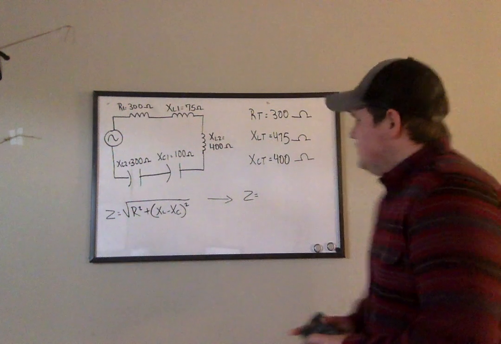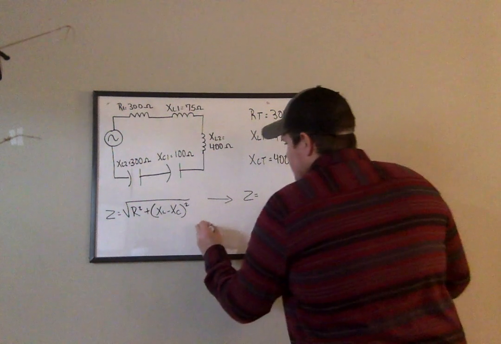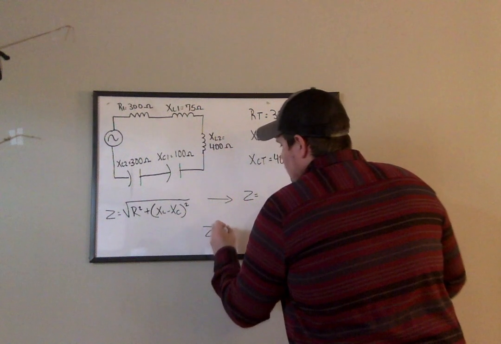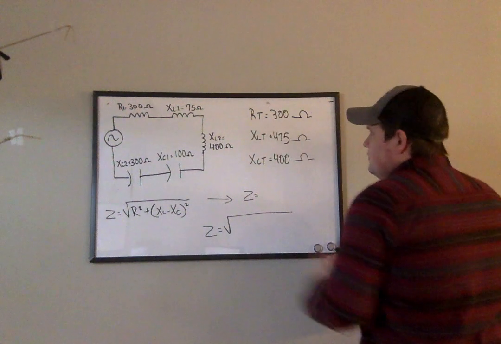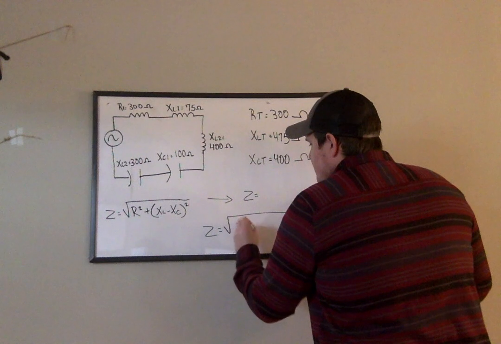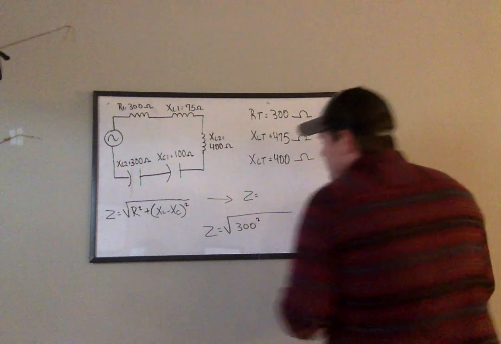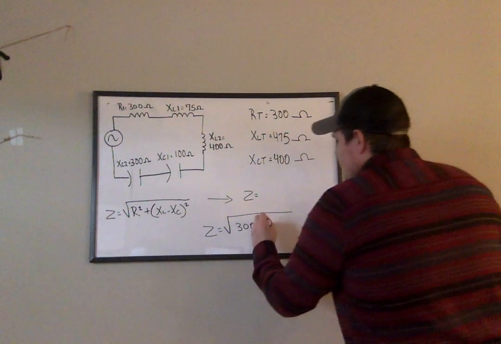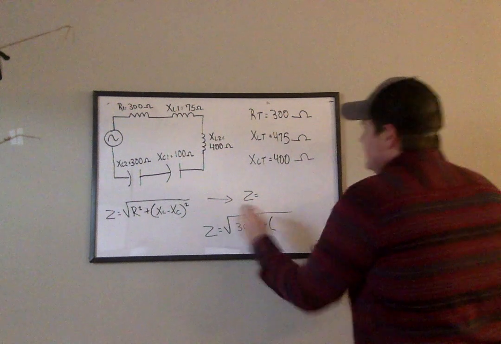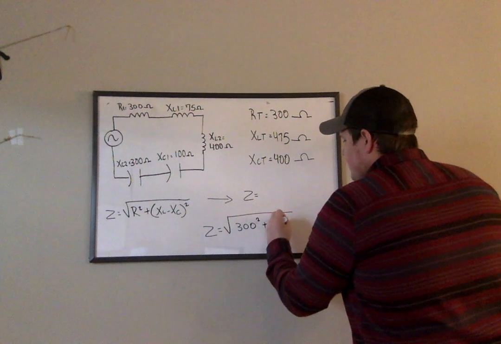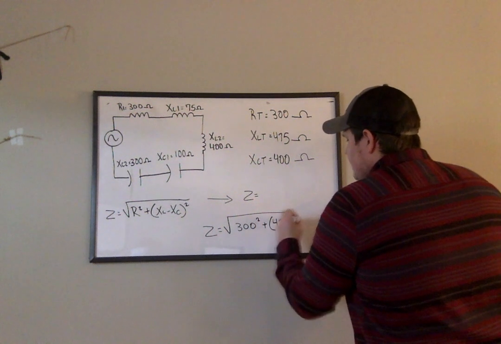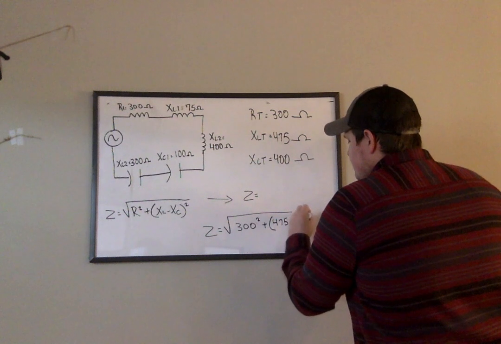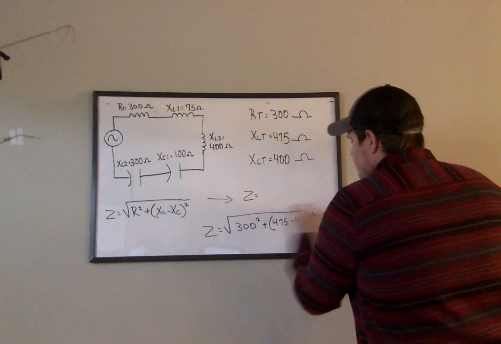Okay? So that's going to give me Z is equal to the square root of 300 squared plus parentheses 475 minus 400 squared.